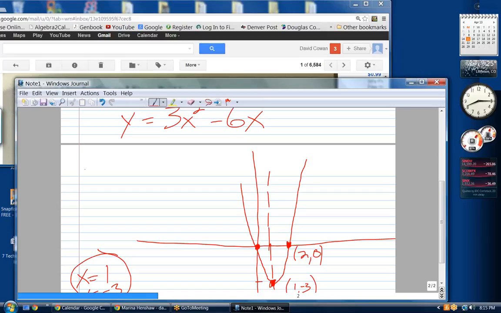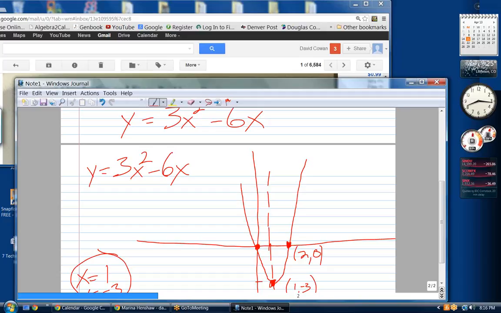If we have y equals 3x squared minus 6x, the other way we can figure out how to graph that function is by completing the square and putting it into y equals a times x minus h squared plus k, which is vertex form.